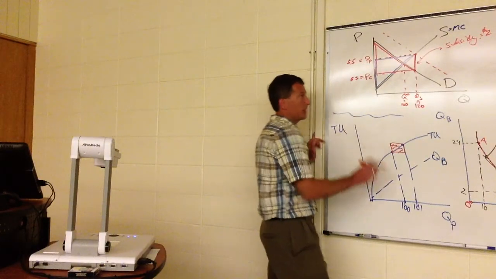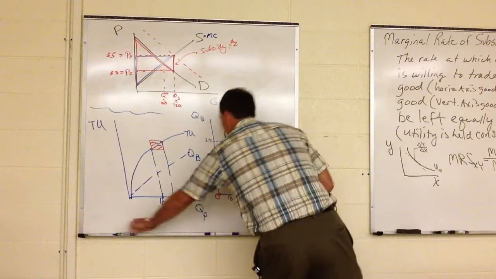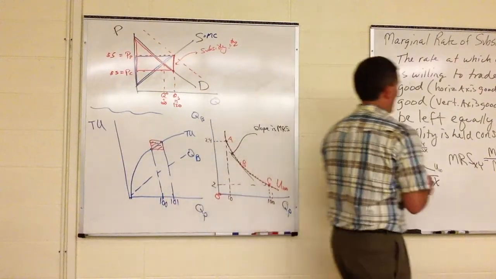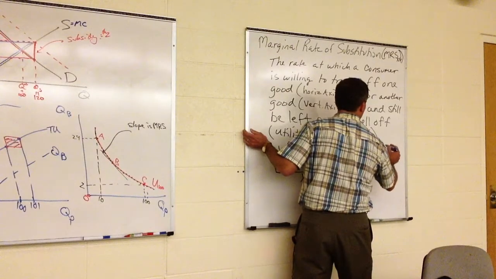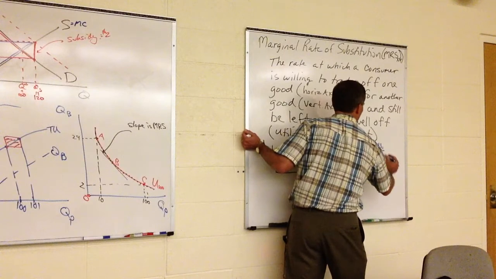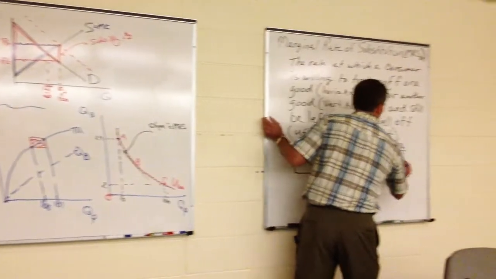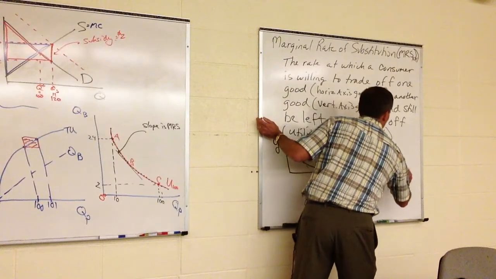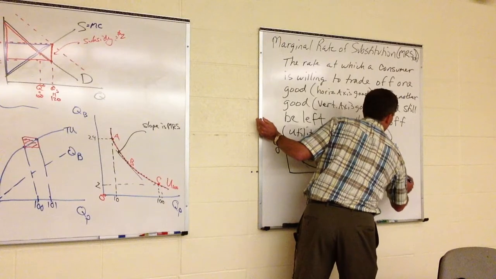So the change in utility would be represented by a little delta: the change in total utility from the change in the amount of x-rays, divided by the change in total utility from the change in the amount of yo-yos.